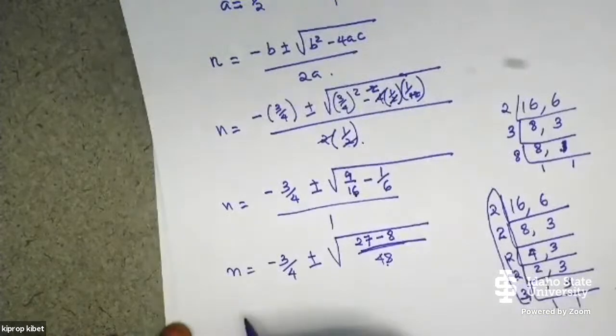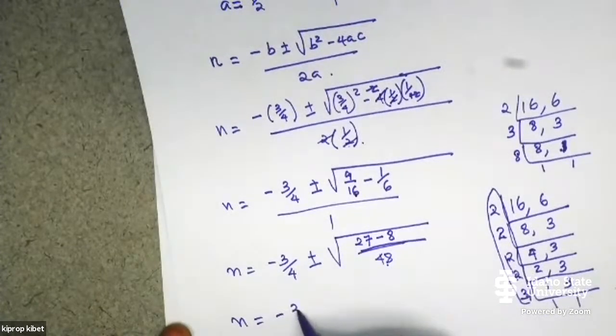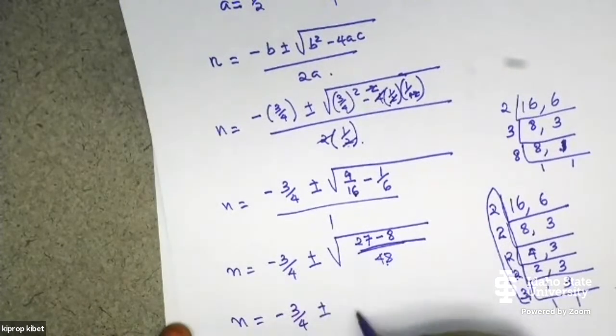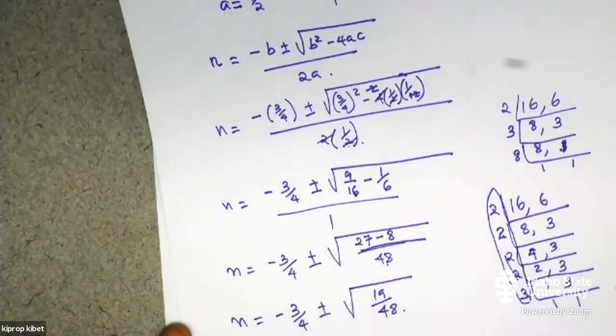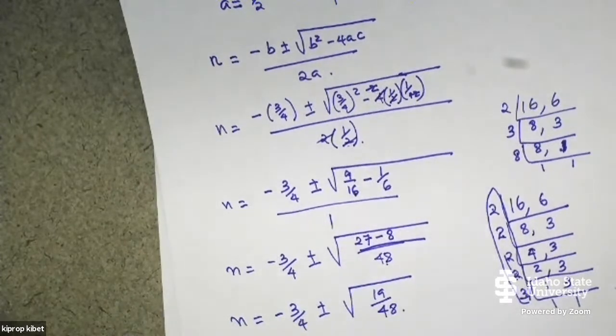So n equals minus 3 over 4 plus or minus the square root of 19 all over 48. So you can still simplify this, or you can just leave it.